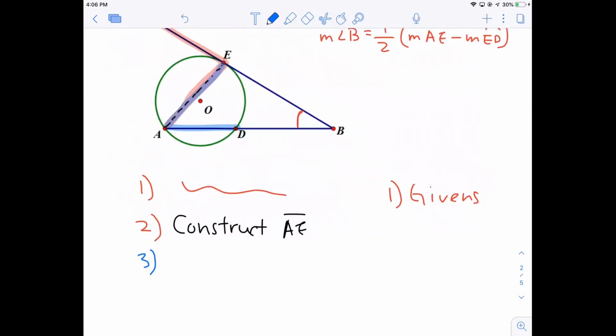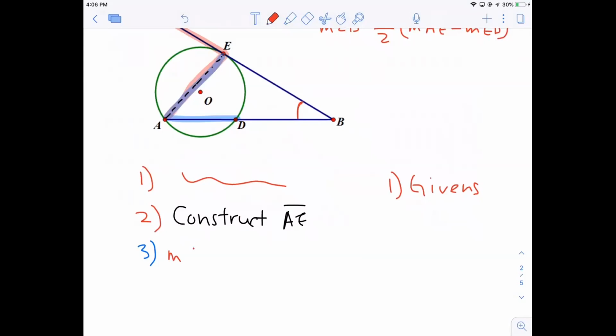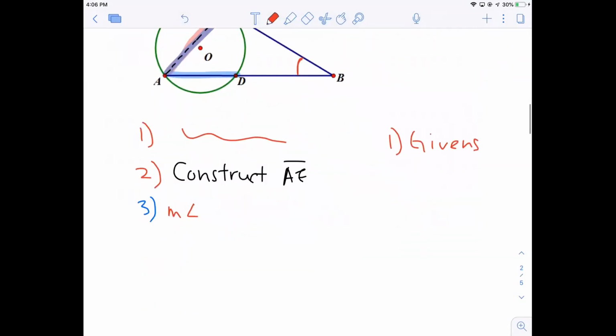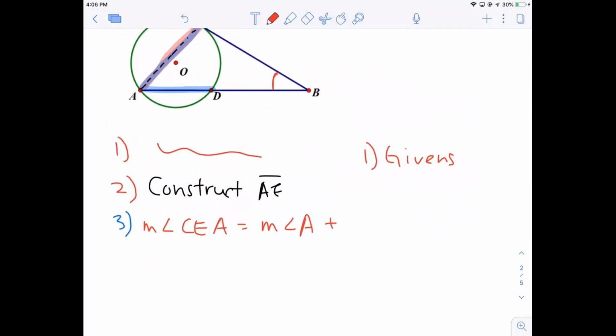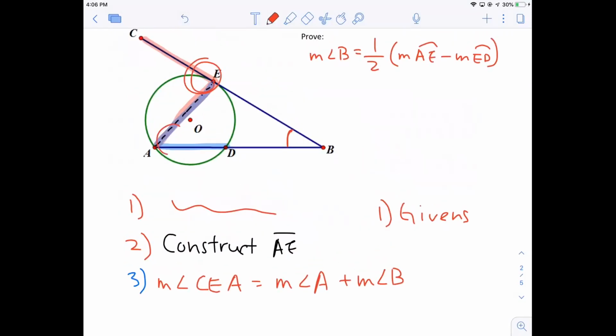So step 3, I'm going to say that the measure of angle CEA is equal to the measure of angle A plus the measure of angle B. Again, this angle is equal to this angle plus that angle.